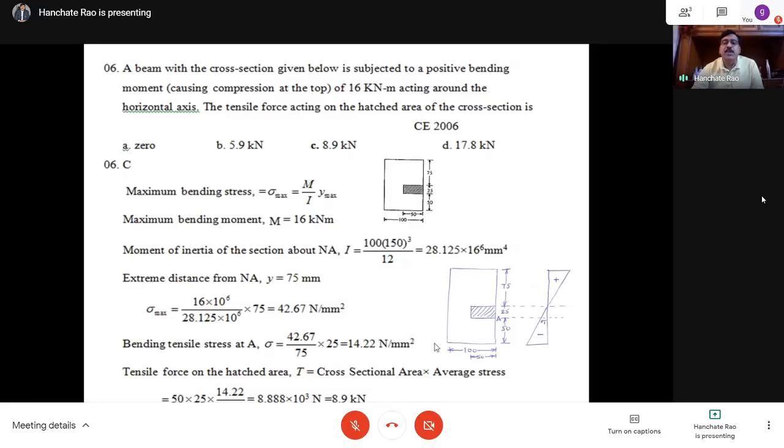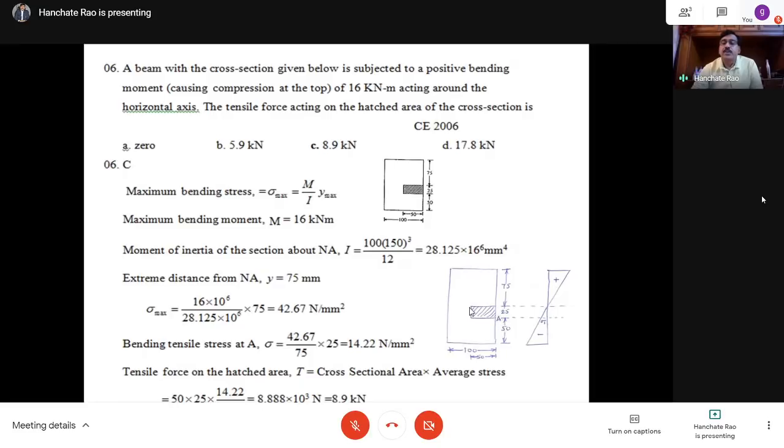Using the principle of two similar triangles, you can find the bending stress at A as 42.67 divided by 75 is equal to sigma divided by 25. So like that you get the sigma value. Sigma is equal to 14.22. So here the stress is 14.22.